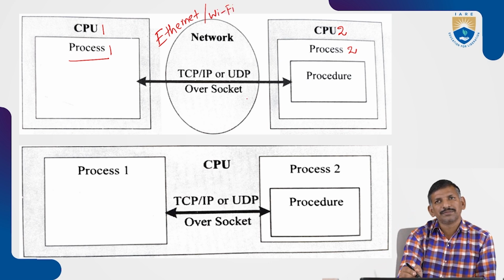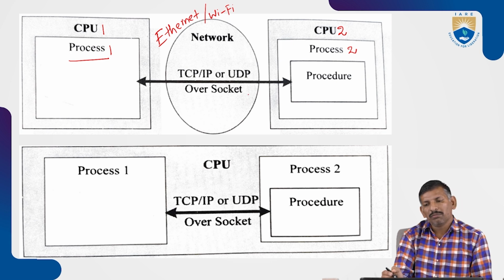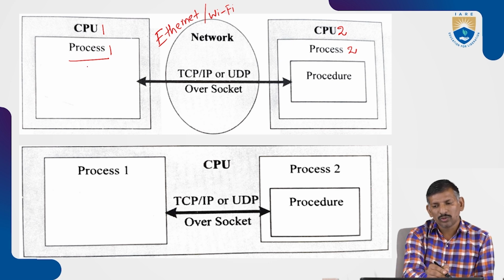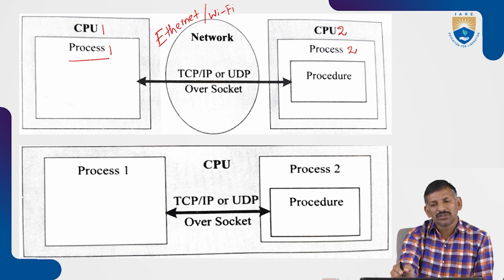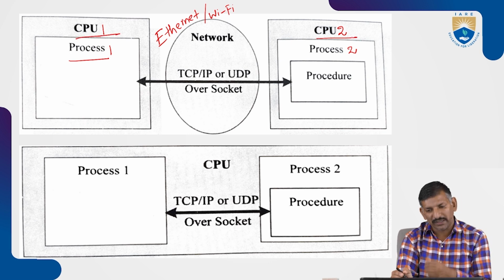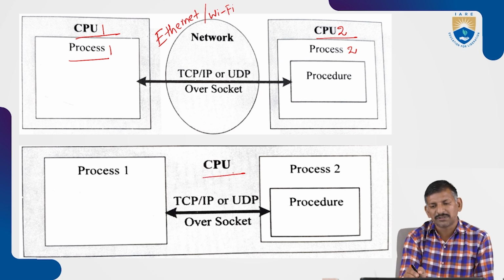So by using remote procedure call, we can provide communication among two processes which are running on different networks, different operating systems, or within the same CPU.